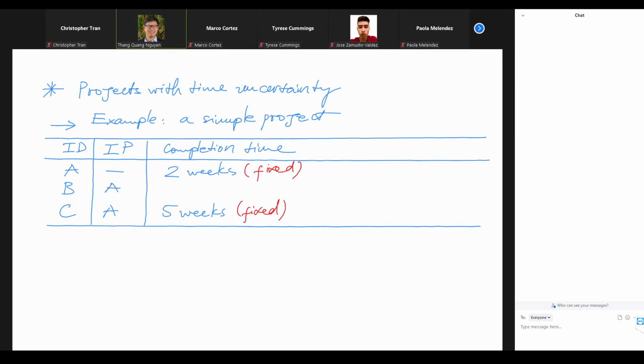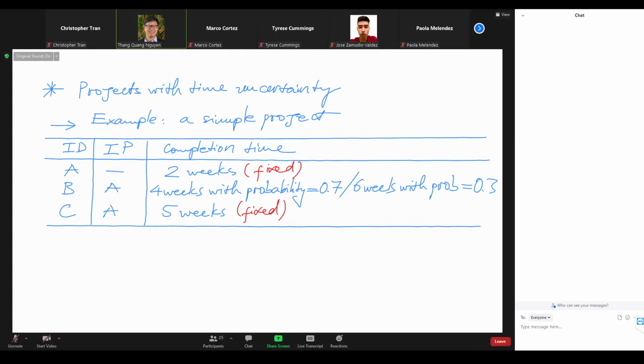B can either take 4 weeks to be finished with the probability of 0.7, or 70% chance that we can finish B after 4 weeks, or we would finish B after 6 weeks with the probability of 0.3, or 30% chance.